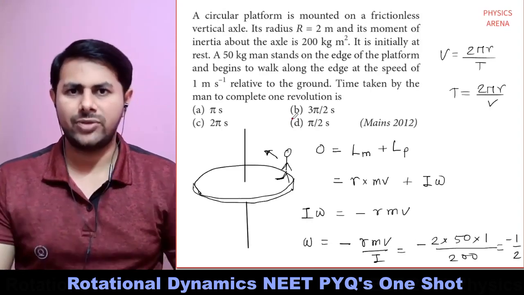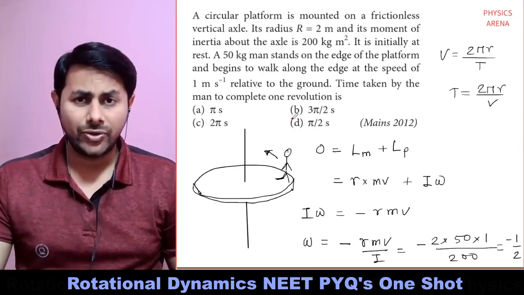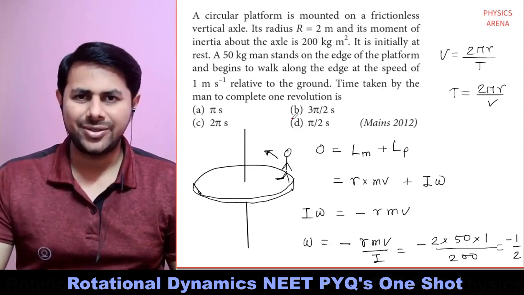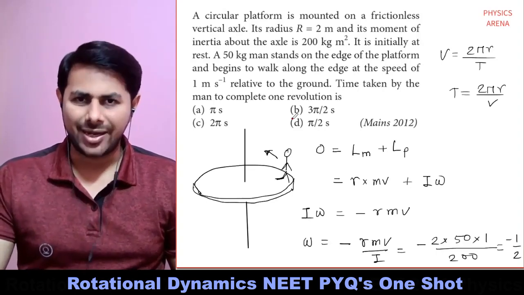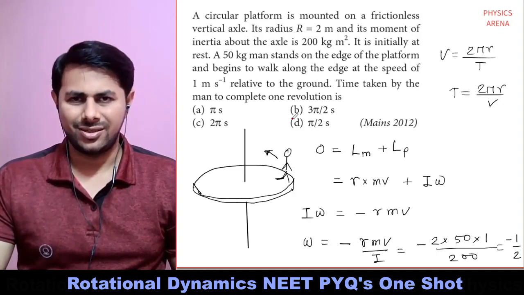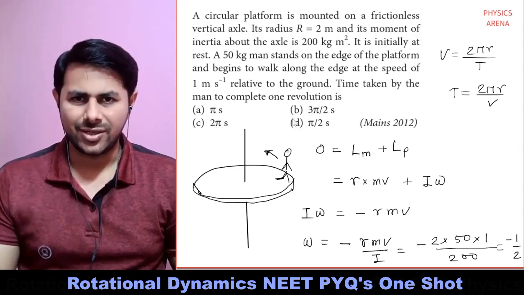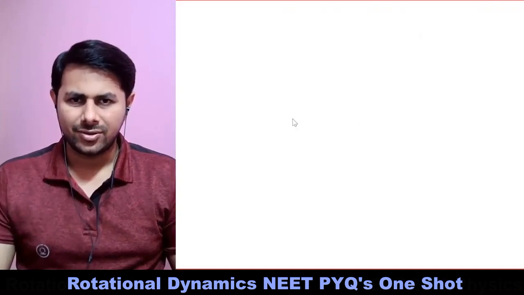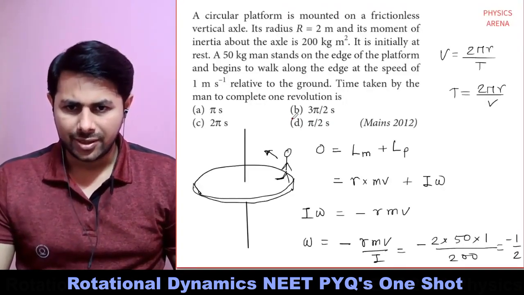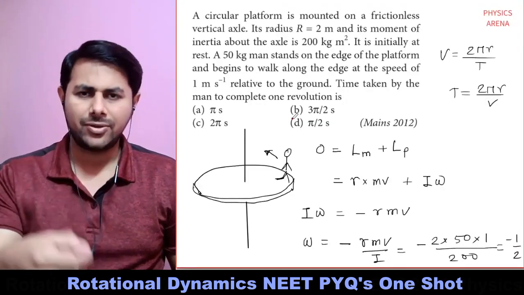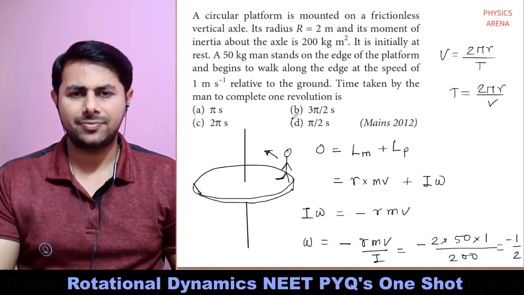Now disk is also moving in the opposite direction. So what do we have to find out? The velocity of man with respect to the disk, right? So now, how much would be the velocity of any point on the edge of this disk?